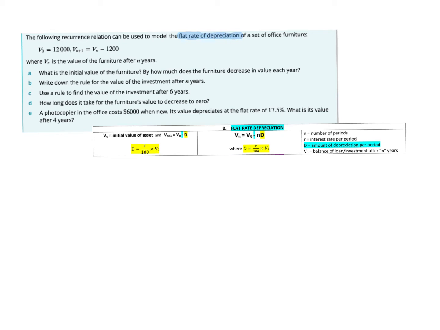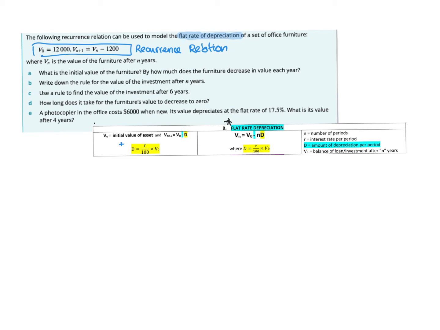So we know we're going to this part in our notes, the flat rate part. Okay, and they've done that. That's the recurrence relation. You can see that it looks like this here, which is the recurrence relation.